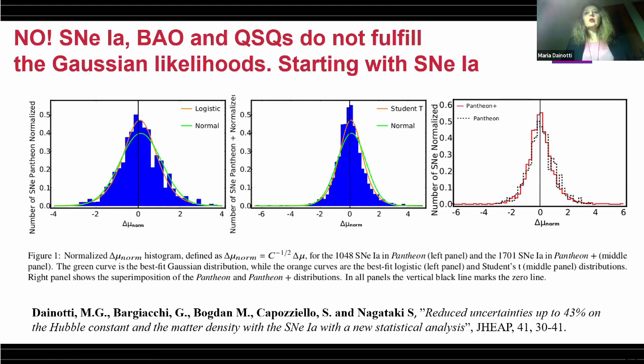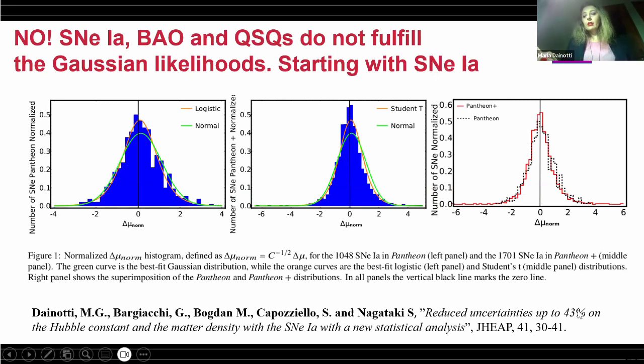Now, of course, one could argue that these tests are very strict, very severe, so the more data you have, the more these tests may not pass. But regardless of this, we need to make sure that we know how skewed our distribution is, and the details of the distribution may matter in the result of the cosmological analysis.